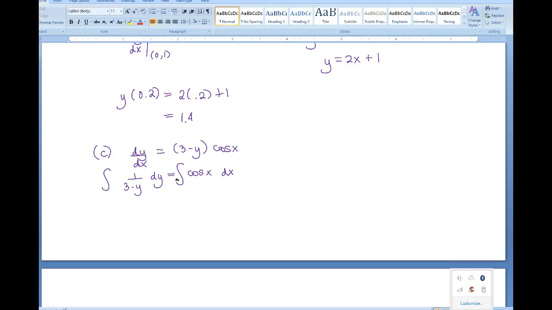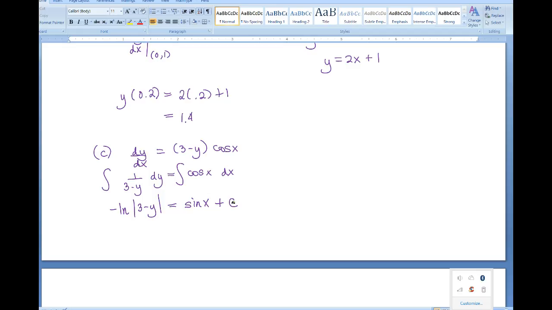Now, this is technically u substitution, but it's a -1 derivative, right? So you could just put a negative ln of absolute value of 3 minus y. Keep the absolute value. And then on the right side, sine x.